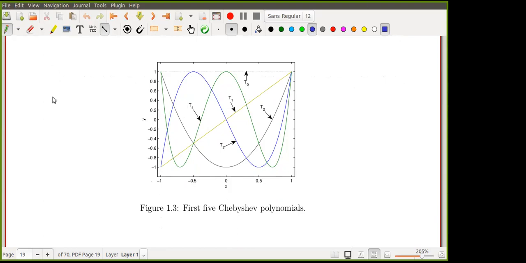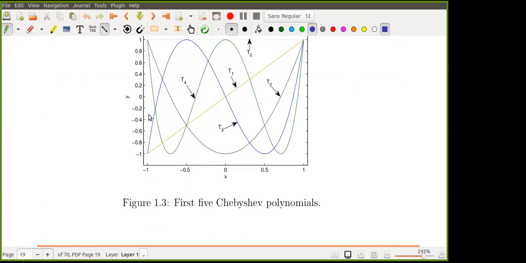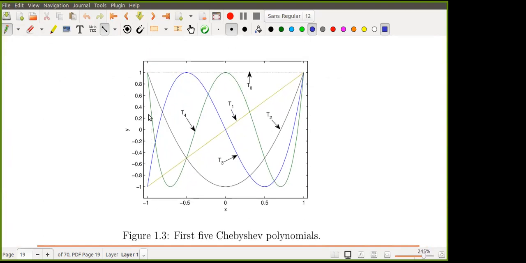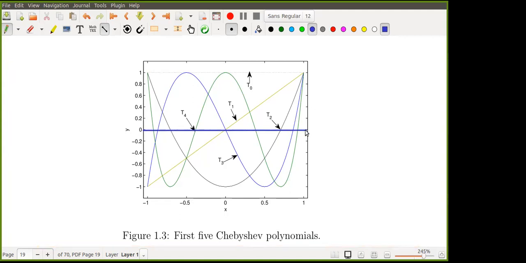Now, let us draw the axis properly. Let us expand this a bit. So this is the axis. We have 0 here. That is the x-axis.